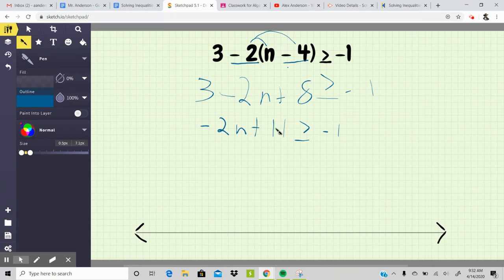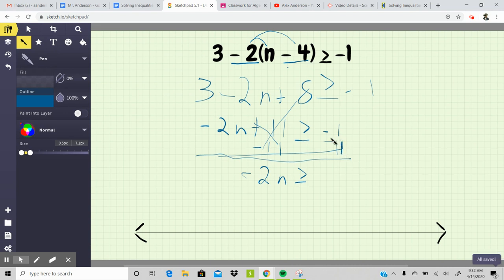So the last thing to do would be to get my numbers over here on the right side. So I have to subtract 11 from both sides. Whoops. And then you get -2n is the only thing left on the left side. So you have -2n is greater than or equal to, well, remember this is a -11 right here.